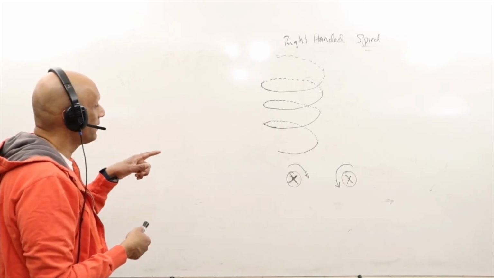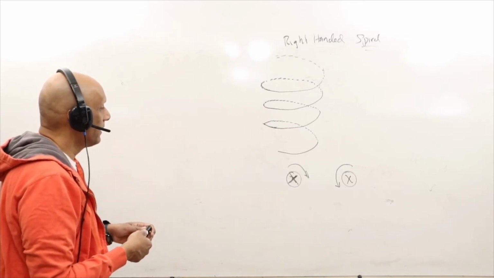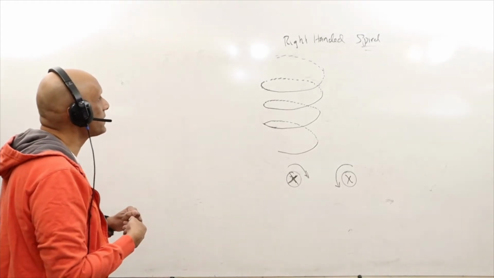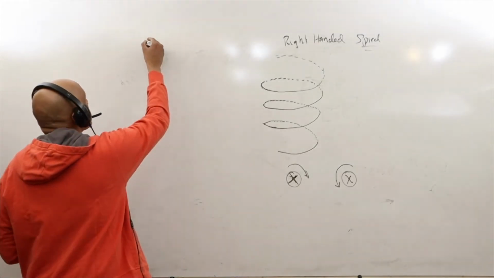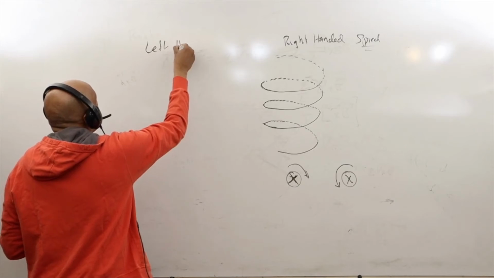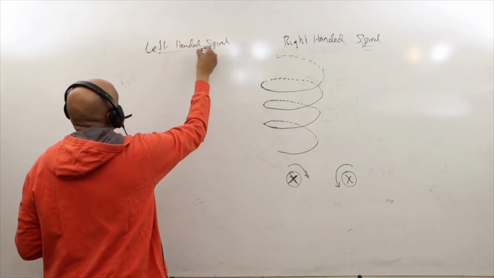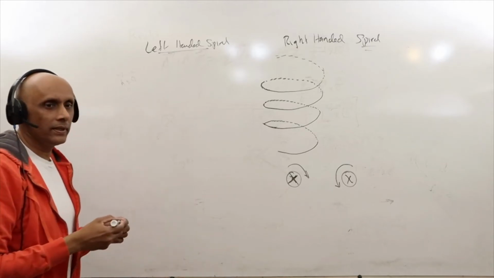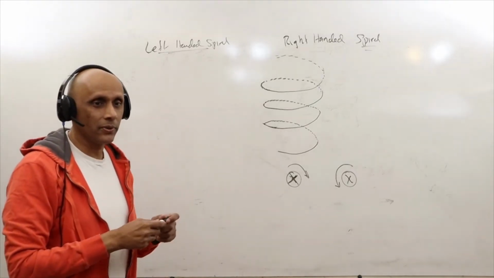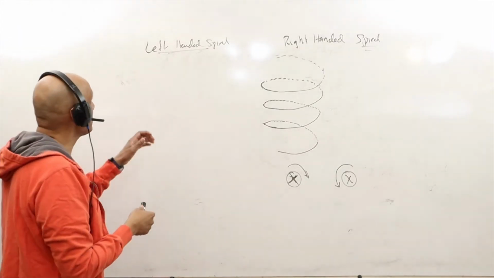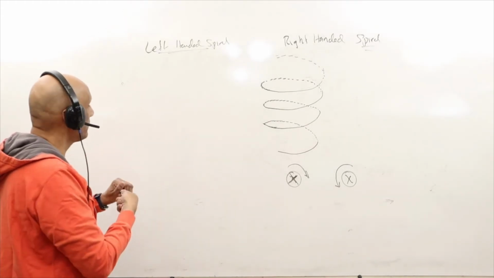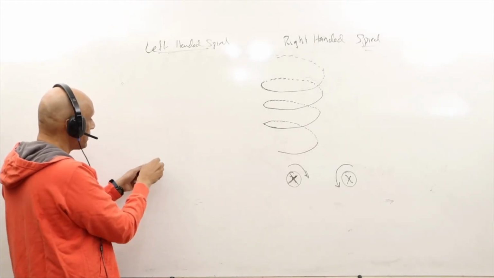Right-hand spiral, right-hand screw, and yeah, so what's a left-handed spiral? A left-handed spiral or a left-handed screw. Left-handed screws are referred to as security screws. But take a left-handed spiral. I'll start at the bottom, so something in front, so it goes like this.